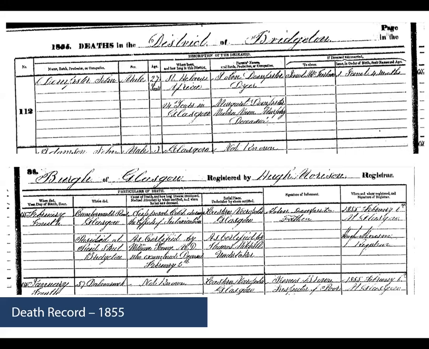So you're getting both the location the person's living, their parents' names, and you're also finding out the cause of death. And this, of course, with health history is so very important. This is obviously a death record dating back to the latter part of the 1850s and something of great use to you.